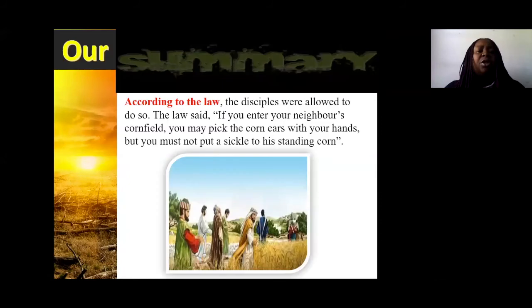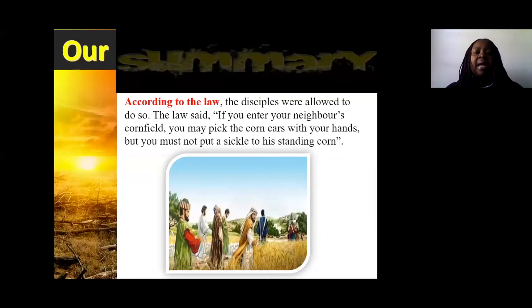To do so there means to pick the corn. The law said, if you enter your neighbor's cornfield, you may pick the corn ears with your hands, but you must not put a sickle to his standing corn. Now, I know some of you are trying to say, well, Miss Johnson, where did you find that word from?